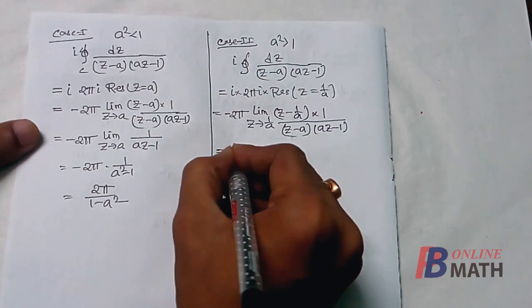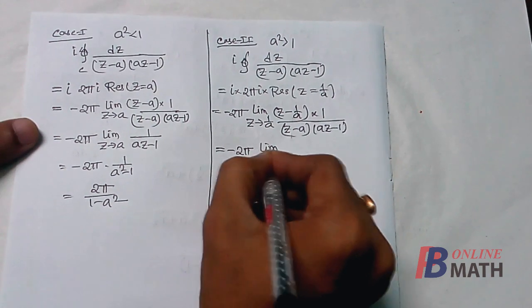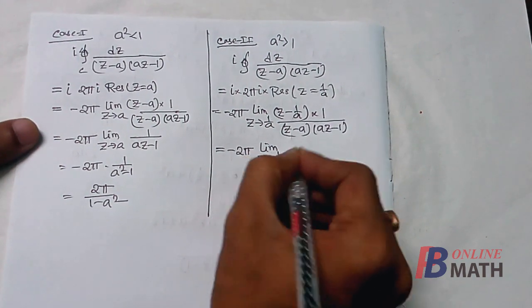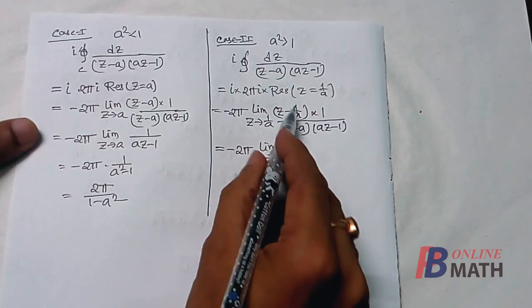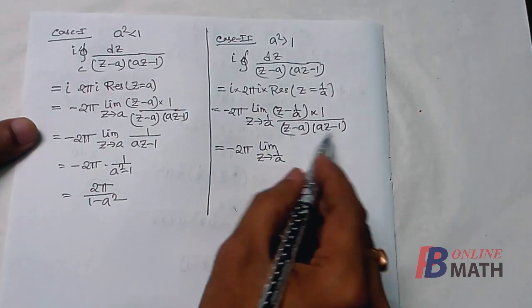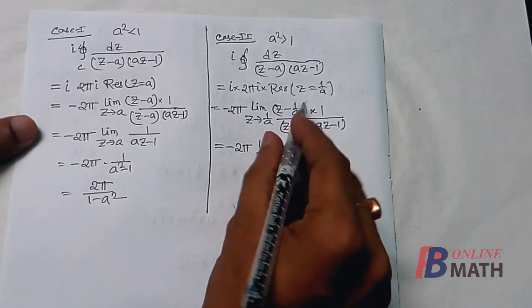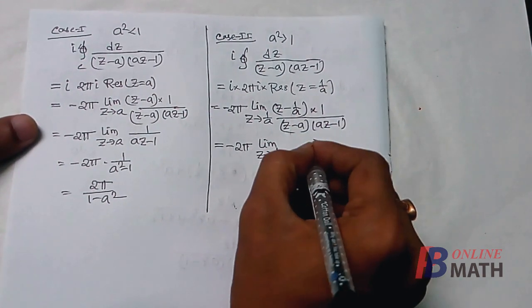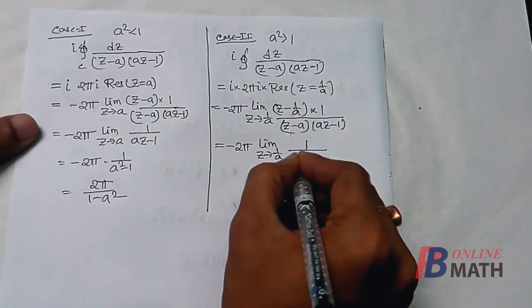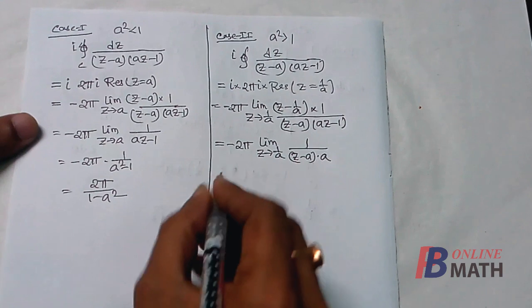We find that this is minus 2 pi times the limit as z tends to 1 by a. Now z minus 1 by a can be cancelled out after taking a common from the second factor. If we take a common from the second factor, then these two terms cancel out. So it is 1 by z minus a into a.